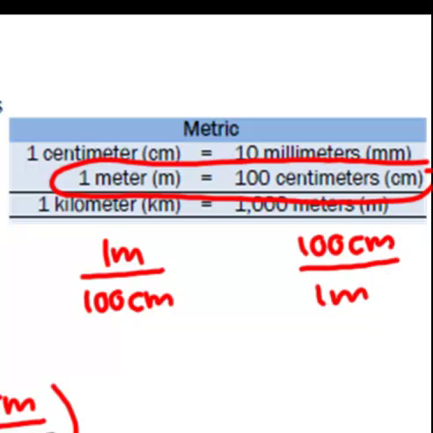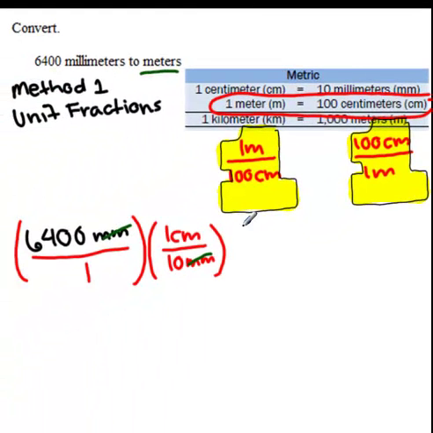Both of those are equal to 1, but because we want centimeters to cancel and centimeters are on the top here, we're going to go ahead and use this unit fraction here with 1 meter on the top and 100 centimeters on the bottom. Our centimeters will cancel, and I'm left with meters, which is what I wanted. So now I just multiply straight across.